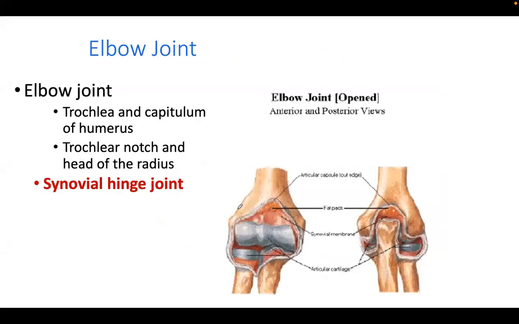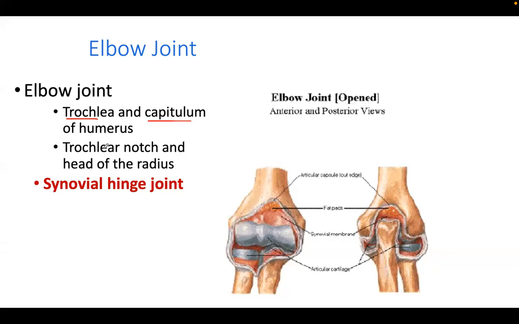Now, the elbow joint, just some must-know facts. These are the specific bones that articulate and take part in the elbow joint. We have the trochlea and the capitulum of the humerus.